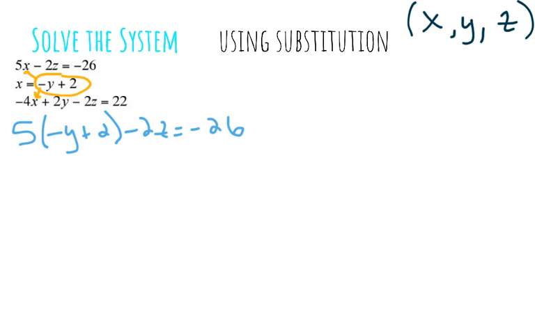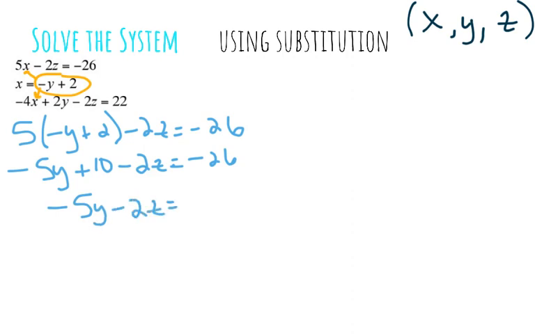Using our distributive property, we have negative 5y plus 10 minus 2z equals negative 26. Then I want to simplify my equations as much as possible to keep them in the simplest form. So I'm going to subtract 10 on both sides, and I end up with negative 5y minus 2z equals negative 36.